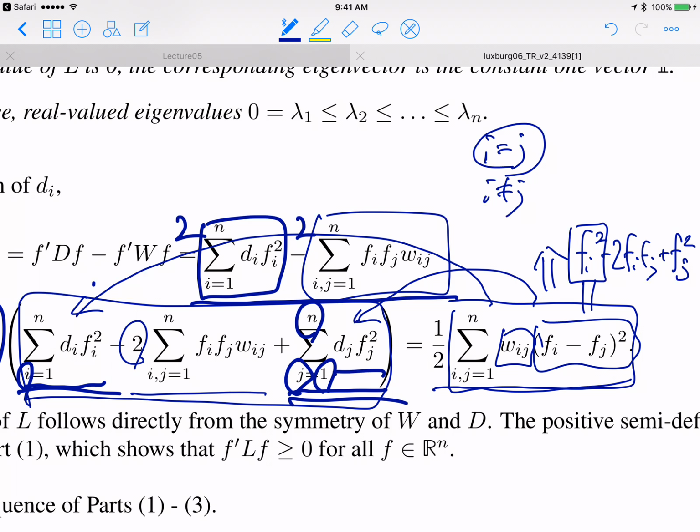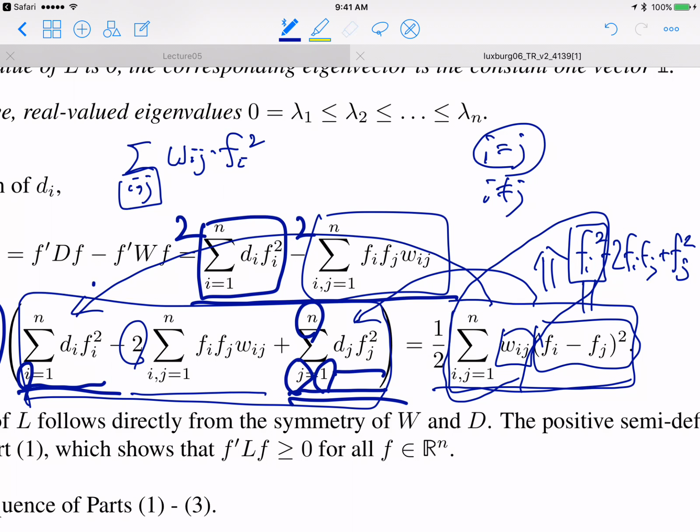Okay, so let's manipulate the first term. It's actually a double loop over i and j of wij times fi squared.